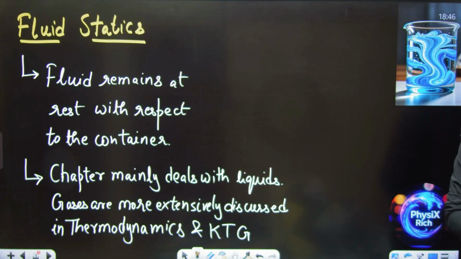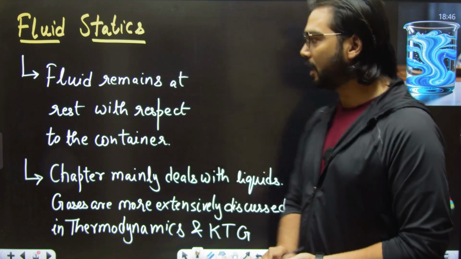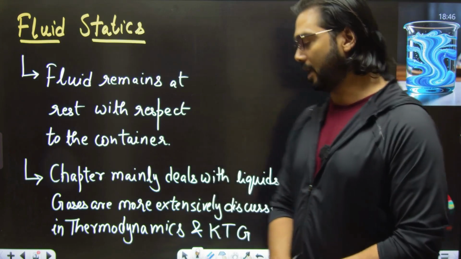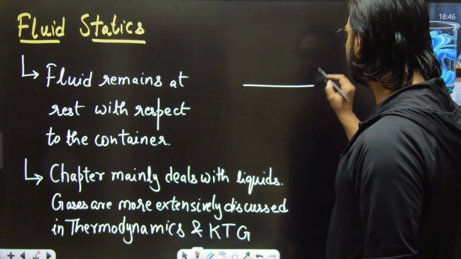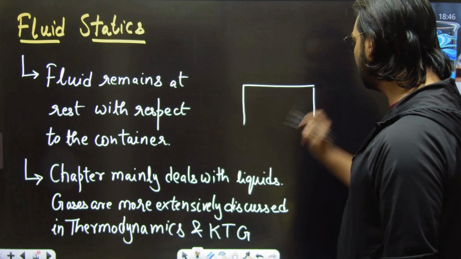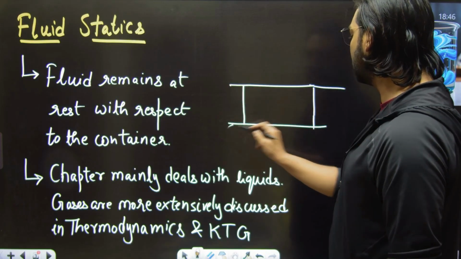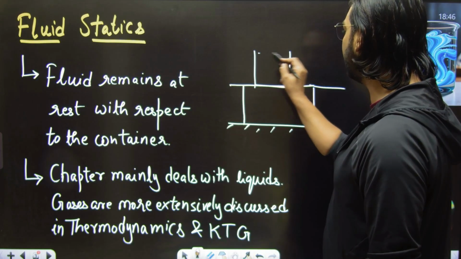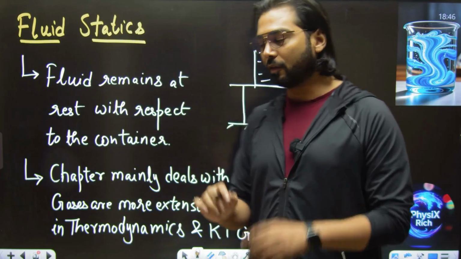So guys, fluid statics is defined for all the fluids that remain at rest with respect to a container. What I mean to say is that if there is a simple, you can see a table over here, all right, this is a table which is kept on a floor, all right, this is a floor, and if I have a container over here and if I fill some fluid in it, this is a static fluid.